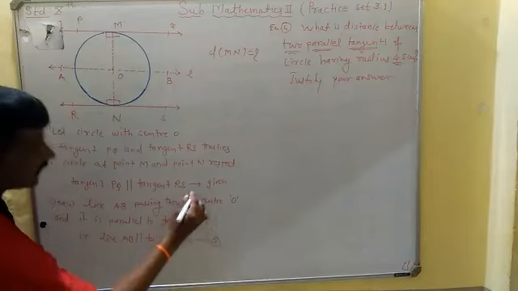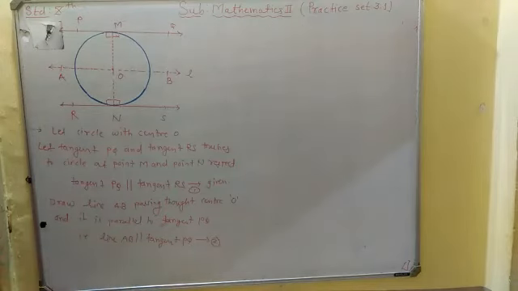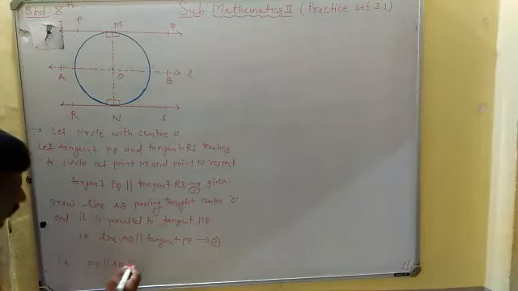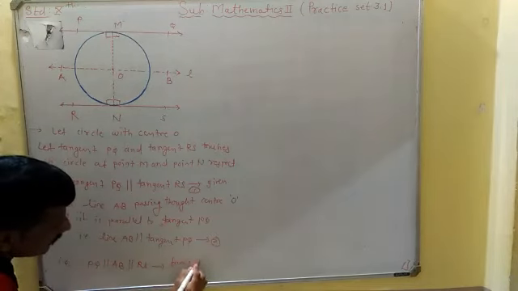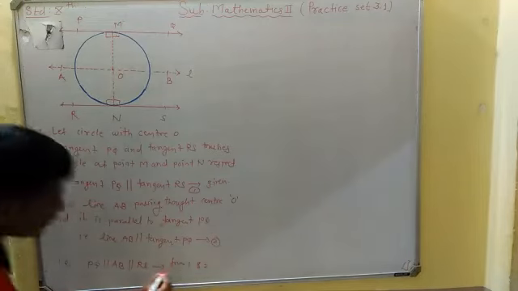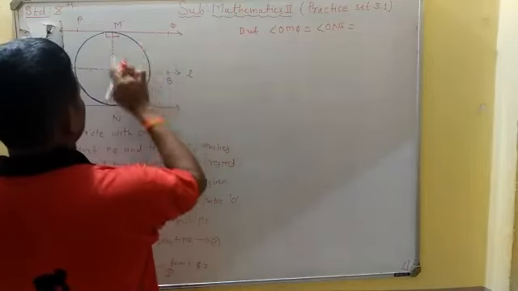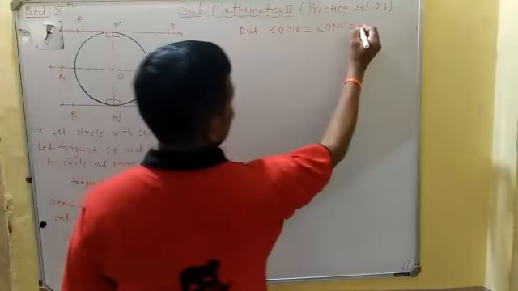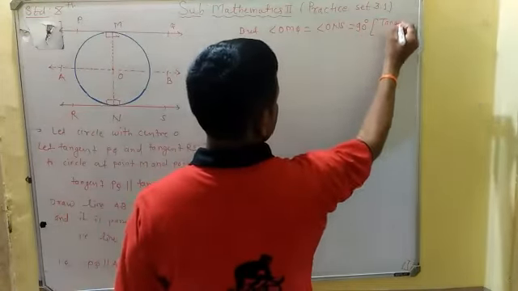Give us equation number second and equation number first. From equations first and second we write here PQ parallel to AB, and it's also parallel to tangent RS. Give us equation number third here. But angle OMQ and angle ONS are equal to 90 degrees, and the reason is the tangent theorem.